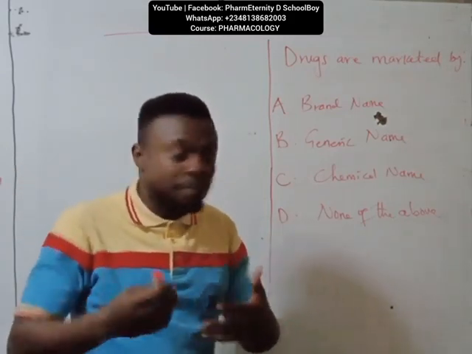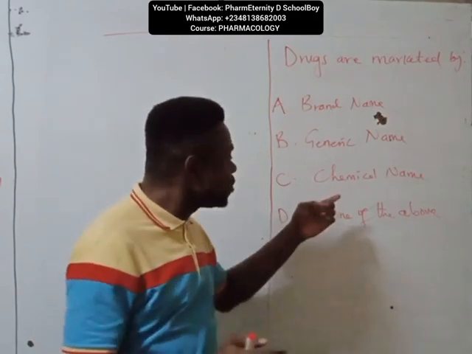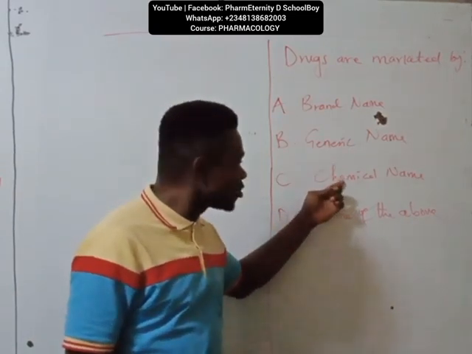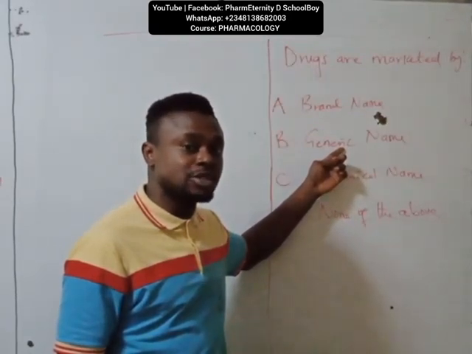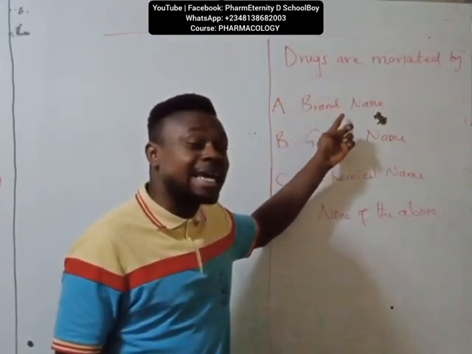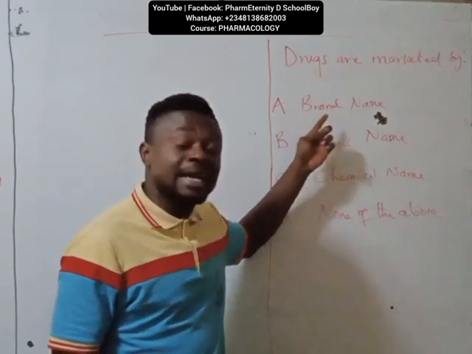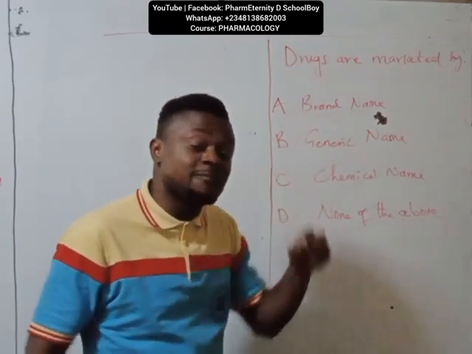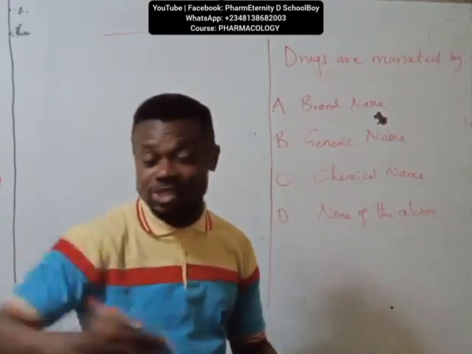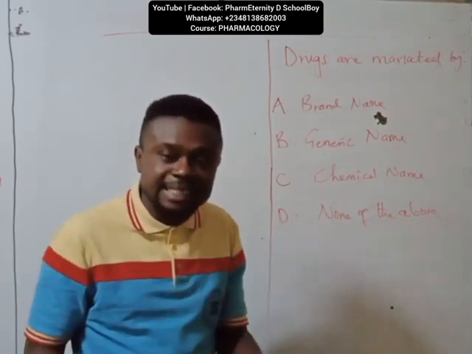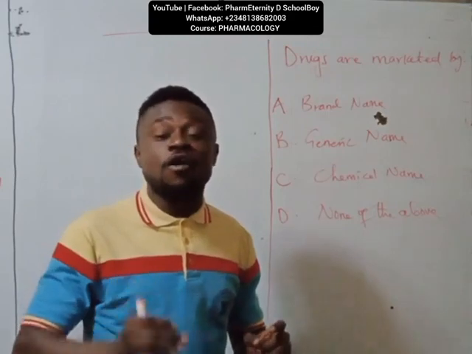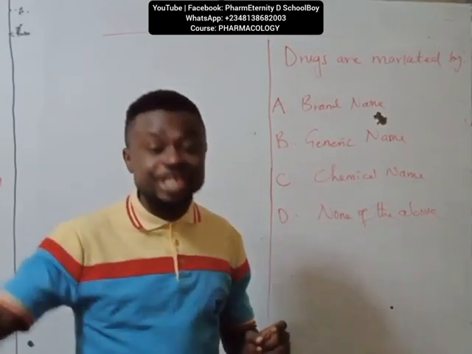A company may discover a particular drug, seek a generic name from the WHO, but they will market it with a brand name under patent right. They will have patent rights because of the money they spent in discovering that drug. So they protect it with a brand name for some number of years.